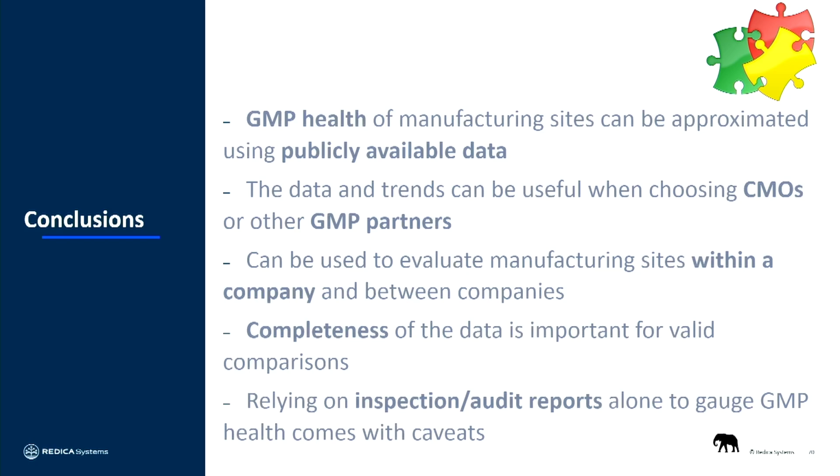You can also use this data to evaluate manufacturing sites within a company, as well as between companies. Completeness of the data is important, and relying on inspection and audit reports alone comes with certain caveats. So, with that, I thank you very much.